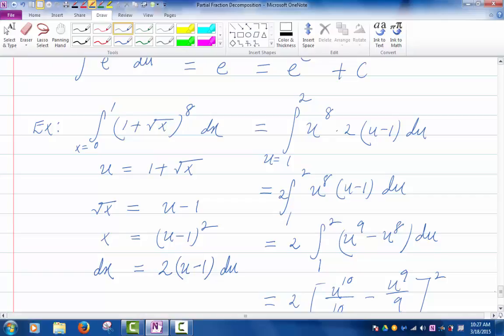So I plug that in here, 2 times u minus 1, and then I multiply both sides by that to get this. If I don't do that, I cannot write everything in terms of u, because this is already becoming u to the 8, and then you have dx, you have to write it in terms of du. Is everybody okay with that?